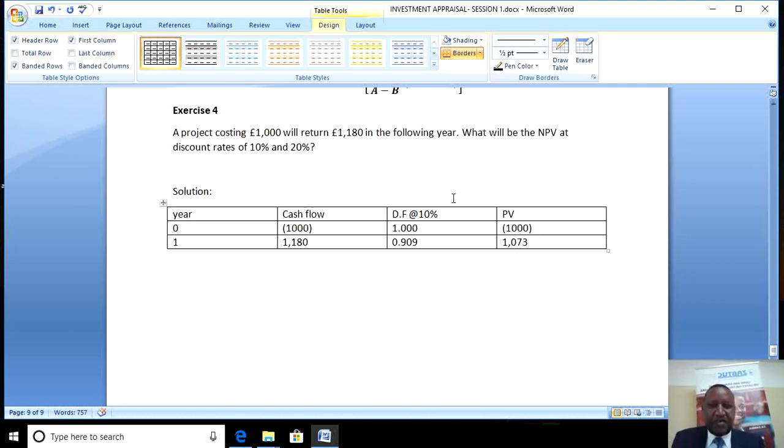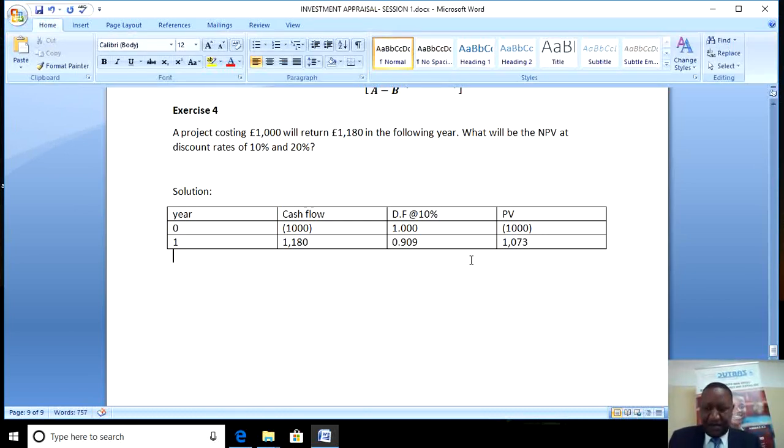So compare that, your net present value in PV will be equal to a positive 73. So at 10%, the investment is profitable.